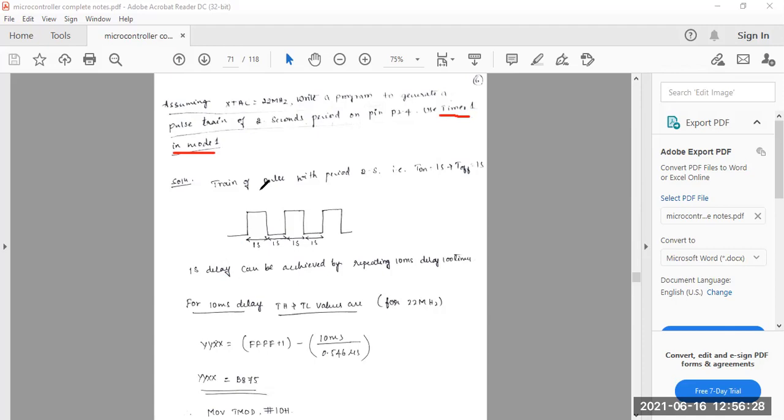Tell me, what is the TMOD register value for timer 1 in mode 1? 0010, 00. Timer 1 in mode 1 actually.